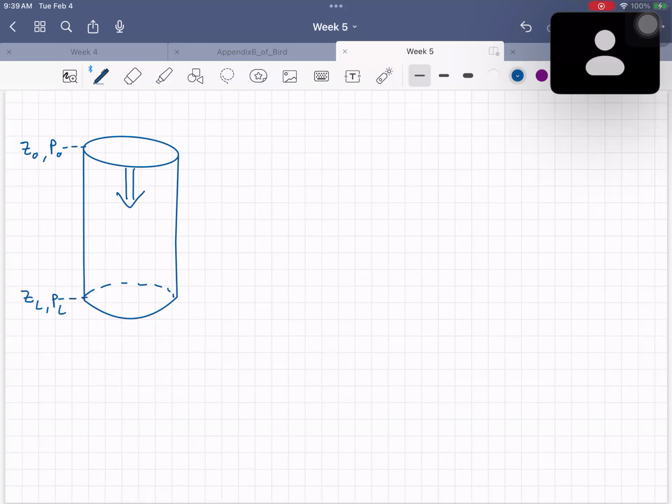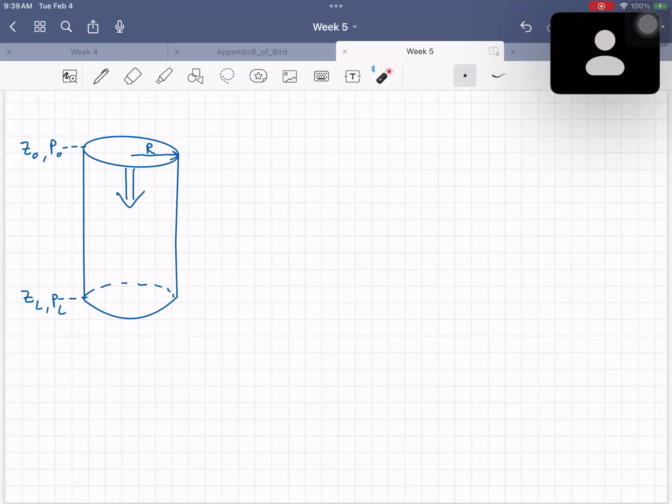This is a part of the pipe, from z naught to zL, and the pressure is P naught to PL as well, all right, and the radius of the pipe is big R, okay. So first we're going to define our system, right? Of course, the system for this one will be this whole pipe.